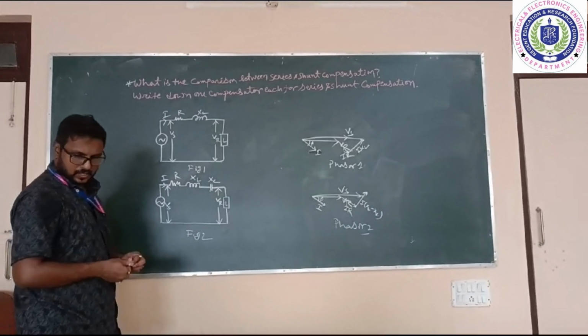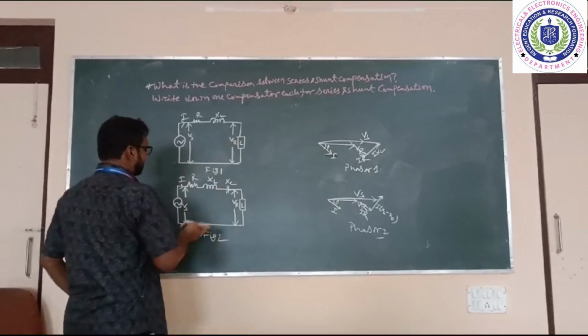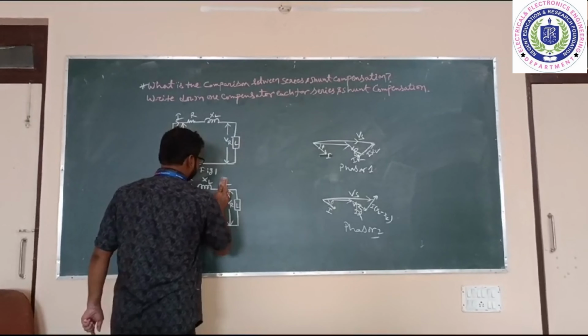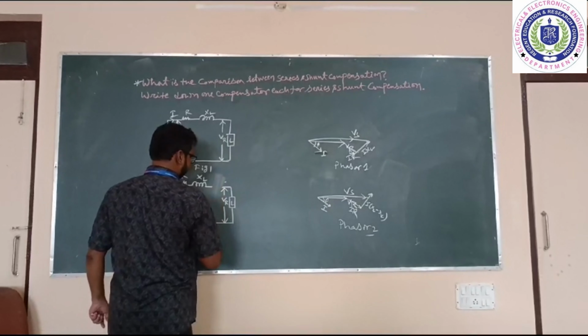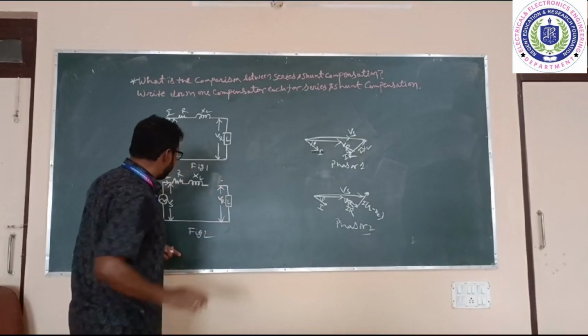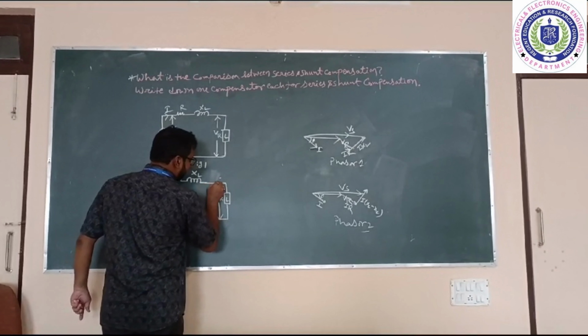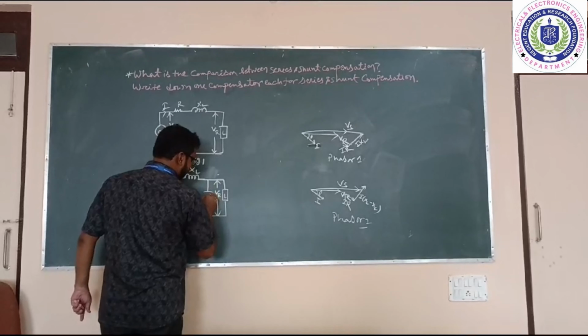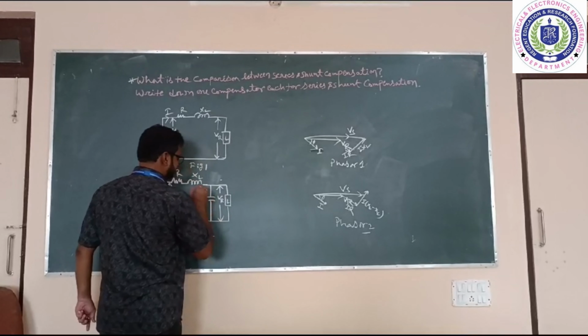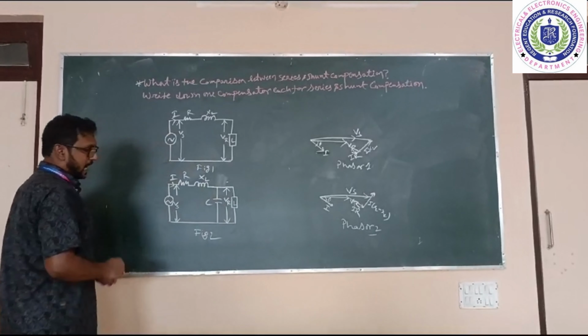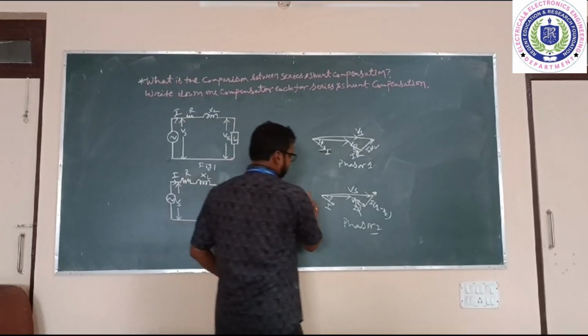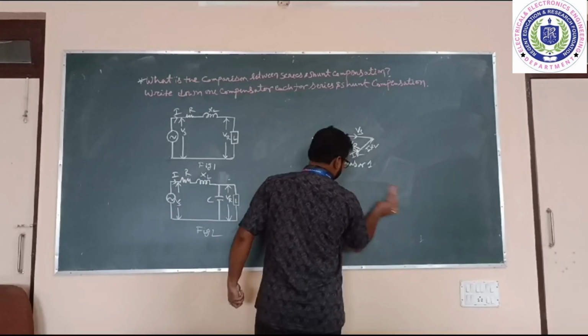Now, in the next case, you have to add a capacitor across the load for shunt compensation. This is the circuit, and correspondingly you have to draw the phasor.